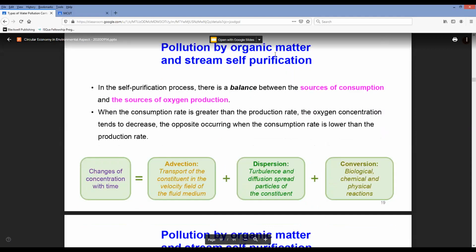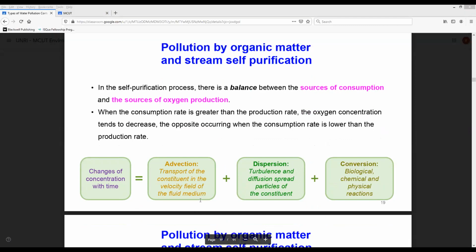Okay, so in the self purification process, there is a balance between the source of consumption and the source of oxygen production. When the consumption rate is greater than the production rate, the oxygen concentration tends to decrease.